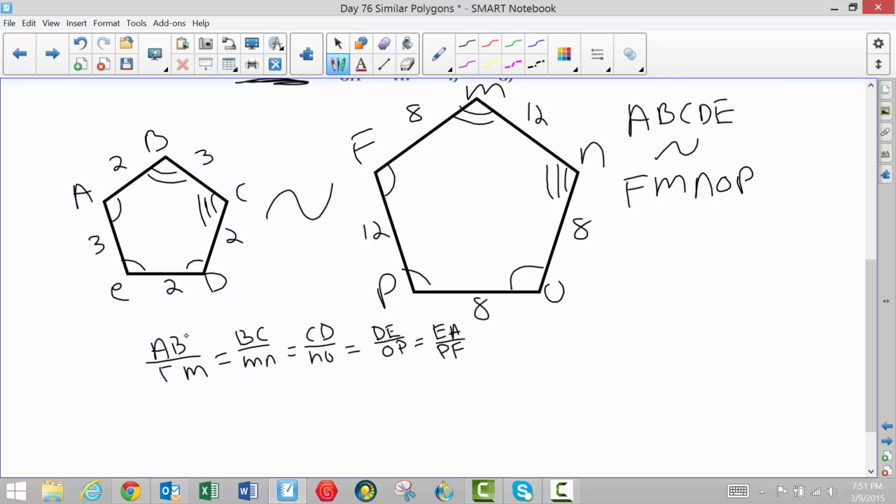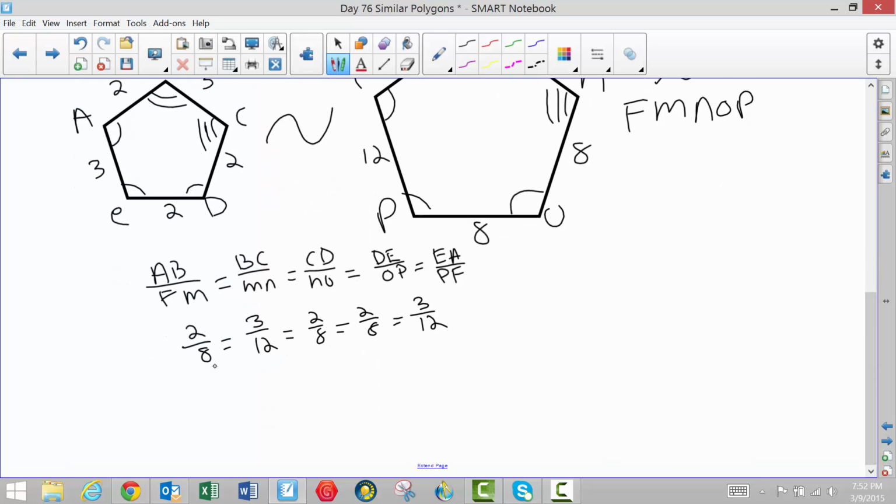So my AB length is 2. My FM length is 8. Is that the same as BC, which is 3 over 12? CD is 2 over 8, and then we have 3 over 12. Well, let's reduce these fractions now. 2 over 8 is 1/4. 3 over 12 is 1/4, 1/4, 1/4, 1/4.